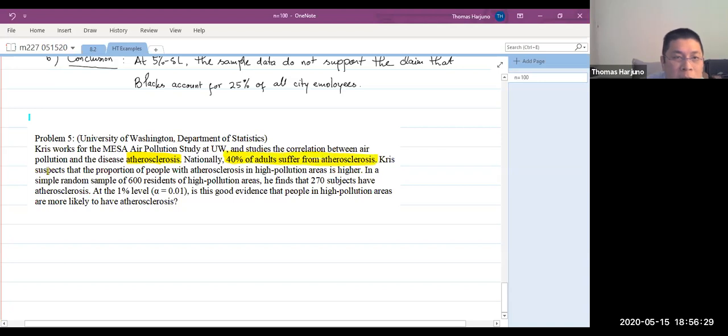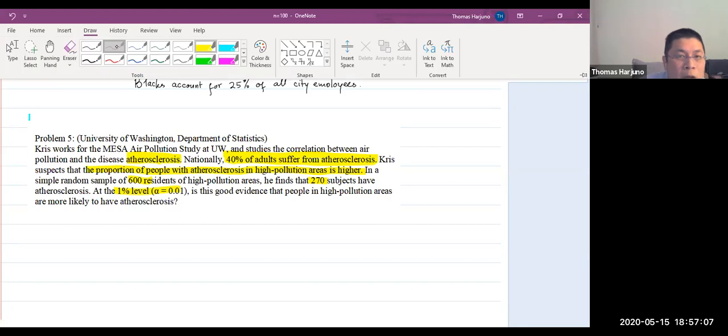Chris suspects that the proportion of people with atherosclerosis in a higher pollution area is greater than 40%. In a random sample of 600 residents, that's the n, he finds 270 have atherosclerosis. At the 1% level, that's the alpha, is this good evidence that people in high pollution areas are more likely to have atherosclerosis?